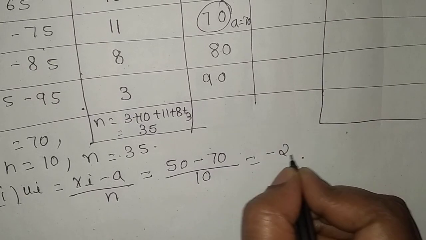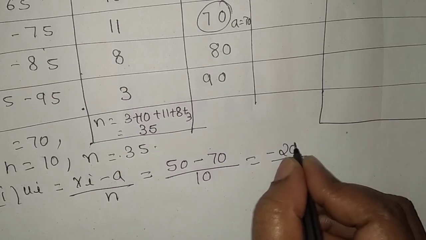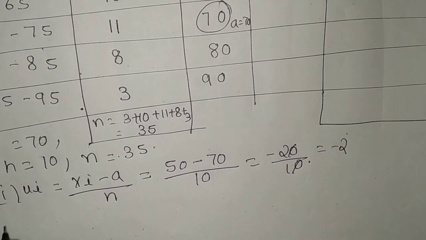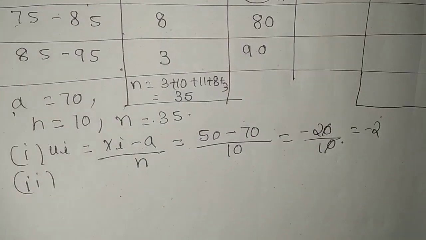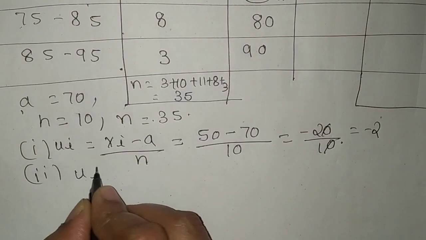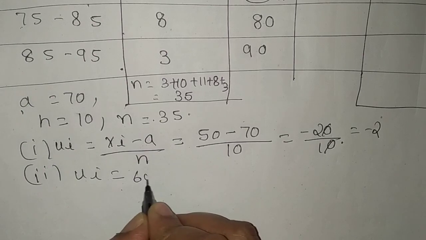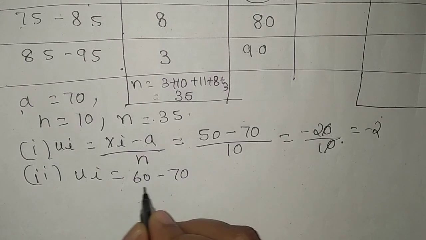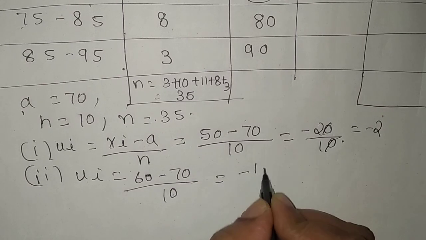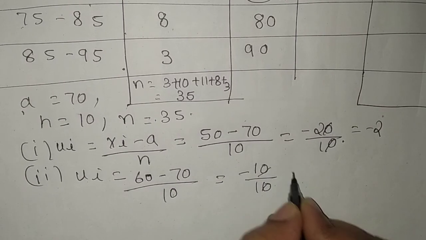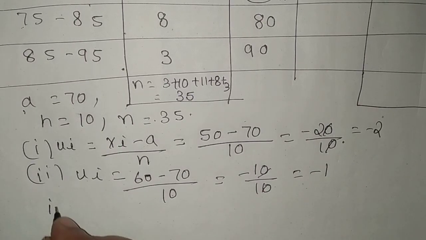Therefore minus 20 by 10, we will get minus 2 is the first set. Second set, ui is equal to 60 minus 70 by 10, which is minus 10 by 10, which is equal to minus 1.